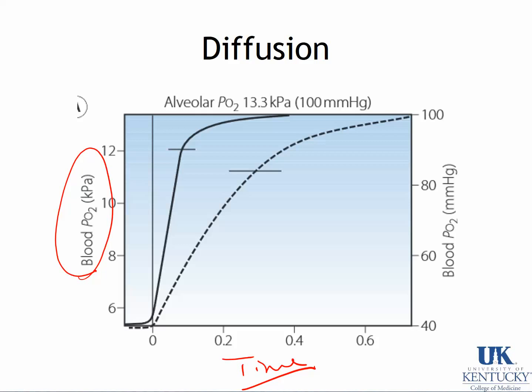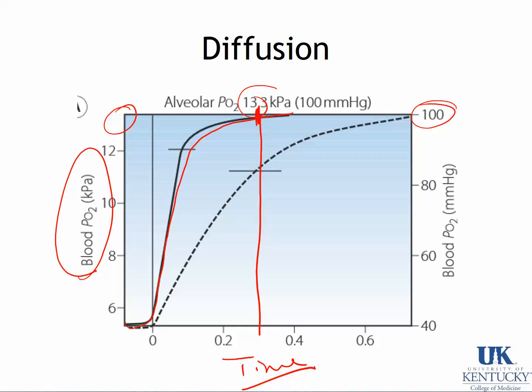So what you see is that in normal circumstances, it takes about a quarter of a second to have the blood in this curve, which is a normal curve, such that the PO2 in that pulmonary capillary blood is essentially the same as the PO2 in the alveolus.